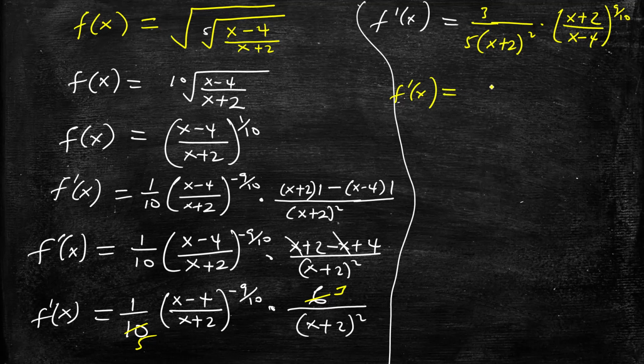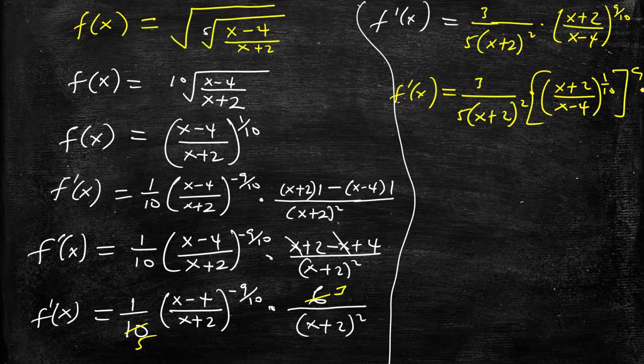So we have 3 on 5 x plus 2 all squared times, so we can adjust this, x plus 2 on x minus 4, so this side becomes 1 over 10. So everything we have the power 9. So in going back, you get this.